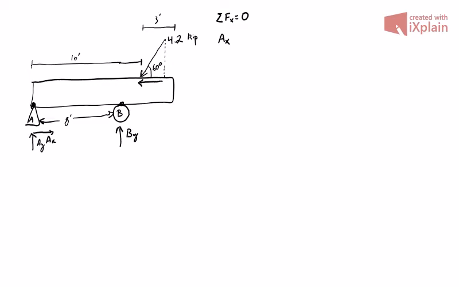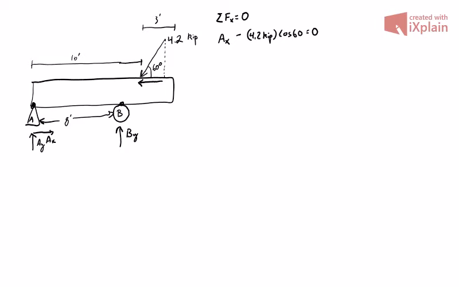The x component is the adjacent side to that 60 degrees, so it's going to be 4.2 kips times the cosine of 60. And then that's pointing to the left, so that's going to be a negative force, and the sum of those two is going to be equal to 0.